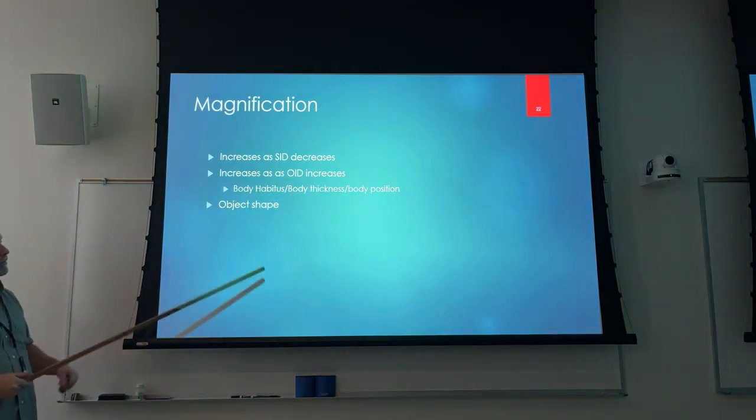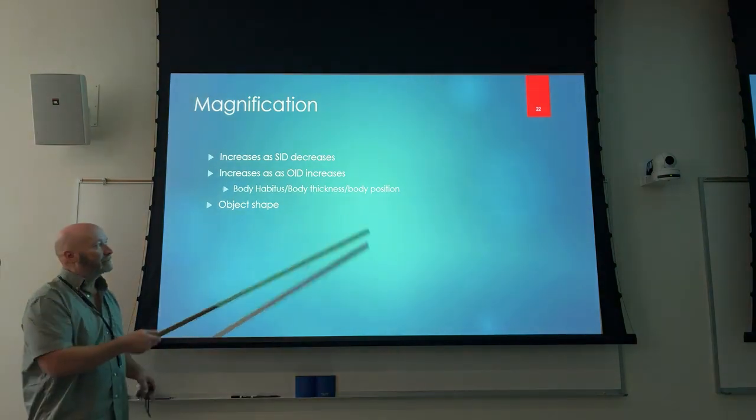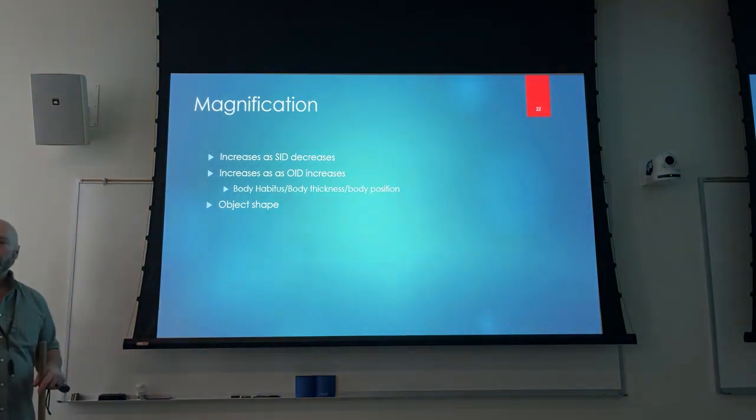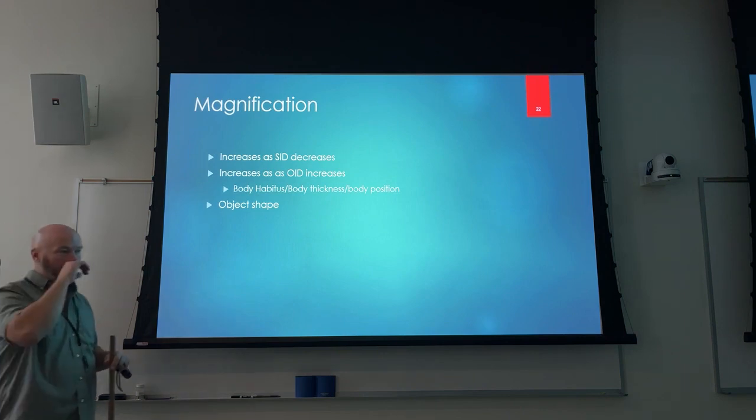So what we've got working against us there is body habitus, body thickness or part thickness, body position, and also exam type, right? Just off the top of my head, I can think of three things. Two are in the textbook, always use 72 inches. And the other one is just a recommendation that I think I made, and it may actually be in Merrill's this time.